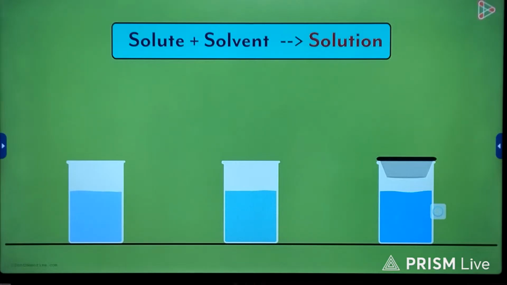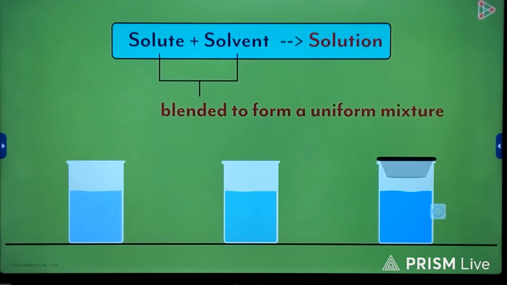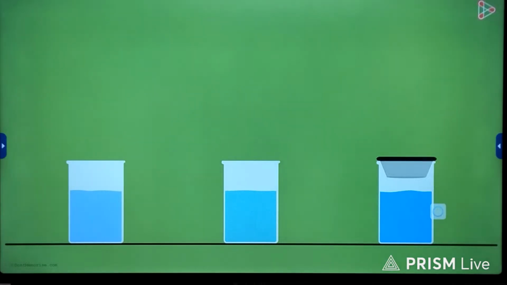What are the characteristics of a solution? Let us look at the beakers to study the characteristics of a solution. As we already discussed, we cannot see the solute separated from the solvent. They have blended and formed a uniform mixture. What is such a mixture called? Can you recollect the term? Yes, we call such a mixture as a homogeneous solution.